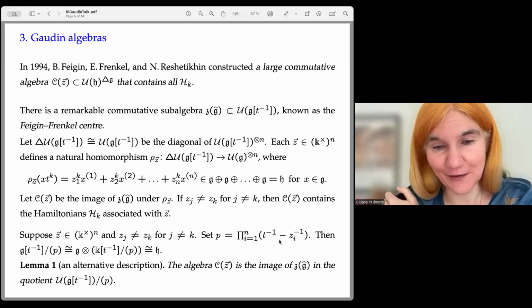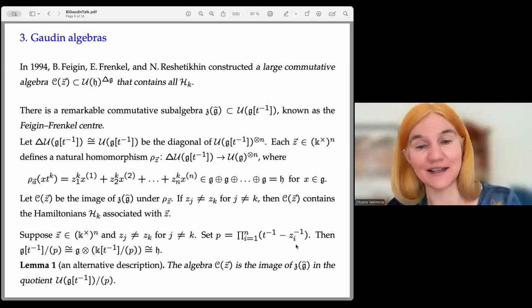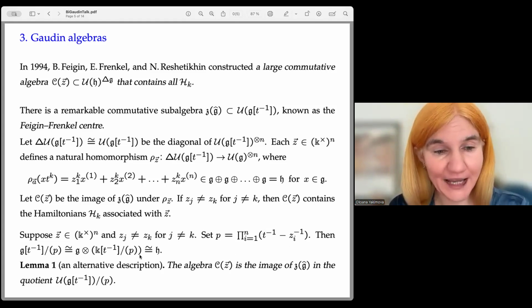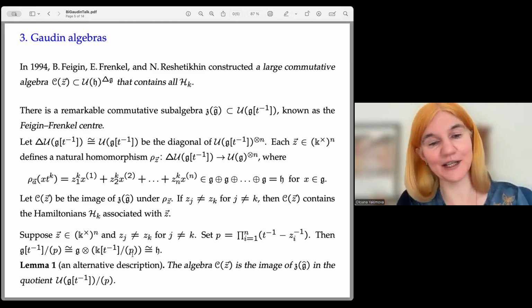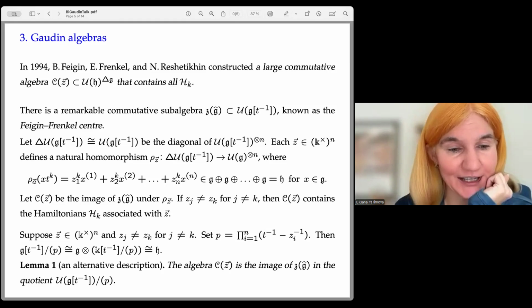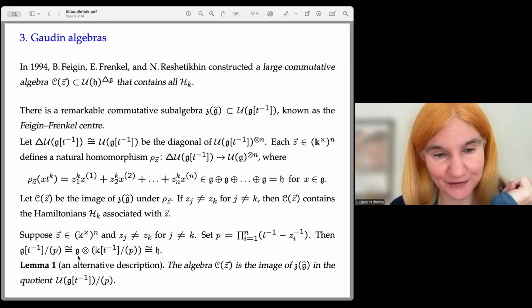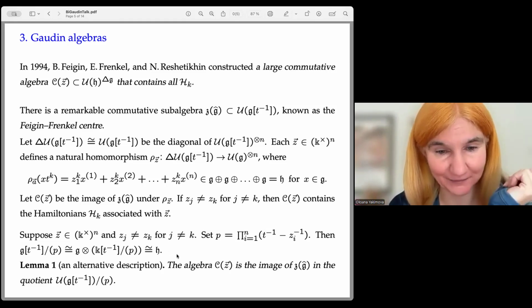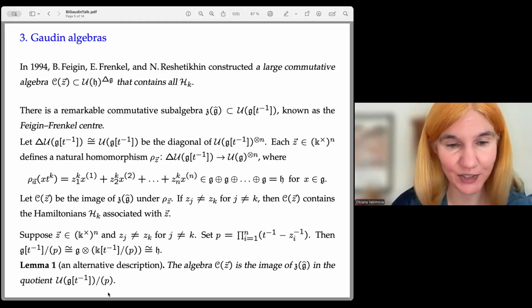Let's consider a polynomial in t inverse, where the inverses of these numbers are zeros of the polynomial, and take the quotient. Because the roots are distinct, this quotient of a polynomial ring by P will be a direct sum of one-dimensional modules, and when we tensor with G, it is a direct sum of n copies of G. So this will be exactly H. The Gaudin subalgebra is just the image of a Feigin-Frenkel center in the quotient by such a polynomial.